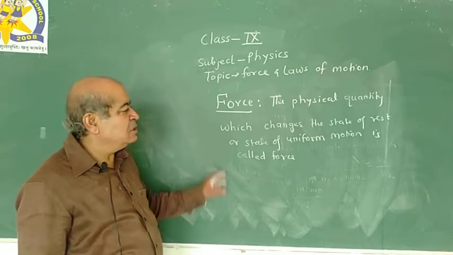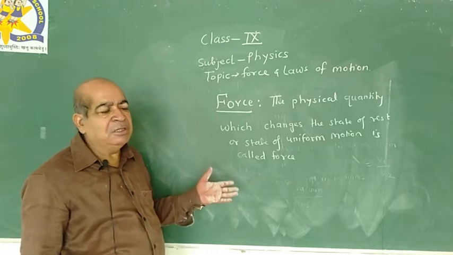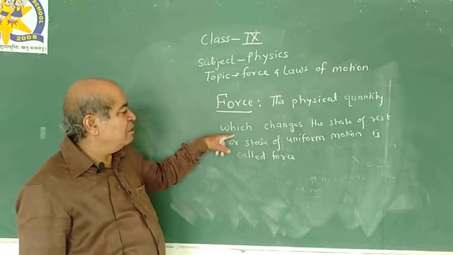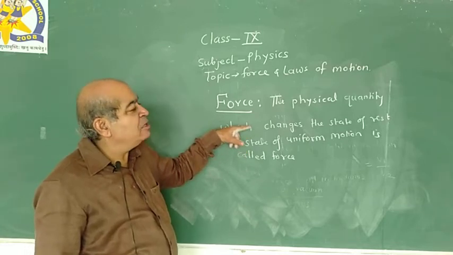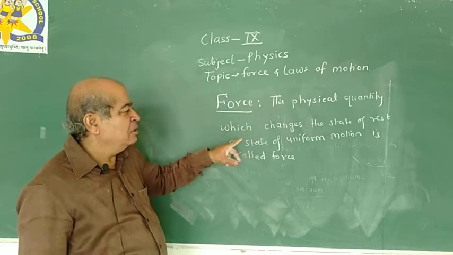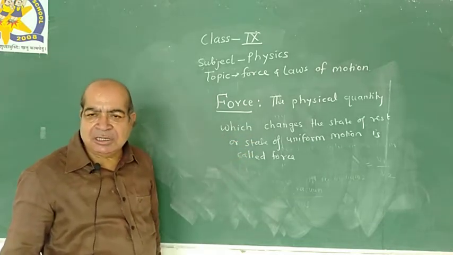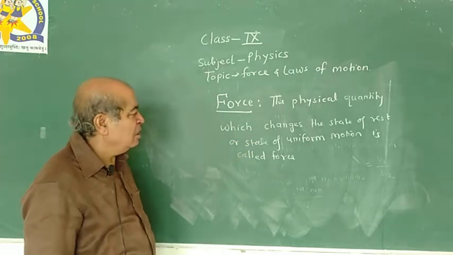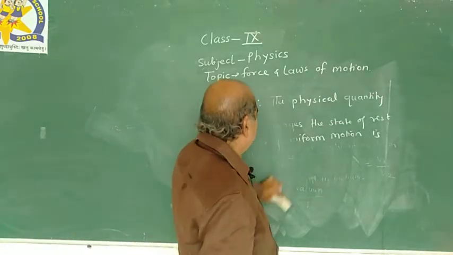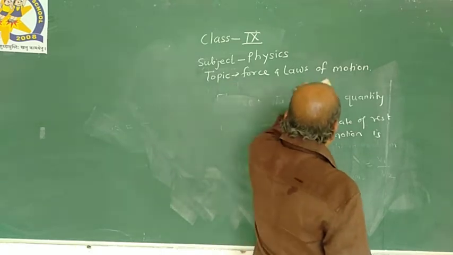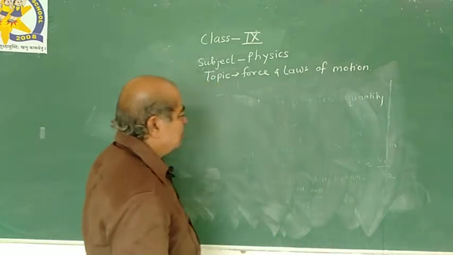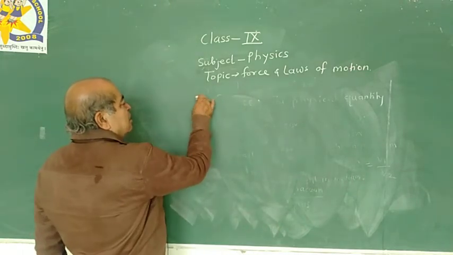The force is defined, or sometimes the definition is like this: the force is the physical quantity which tends to change the state of rest or the state of uniform motion of the object. That is called the force. Last year you saw the different types of forces.